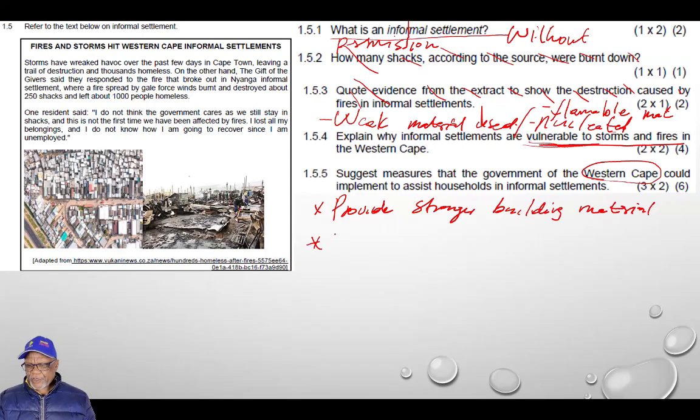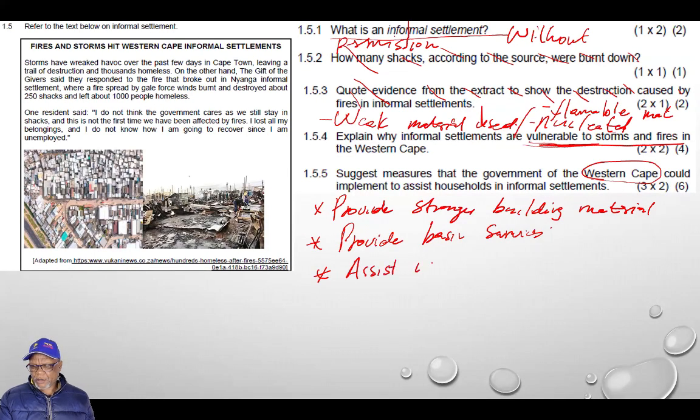And then number one, they can provide services, provide basic services. They can also assist with skill development so that people can build their houses differently.